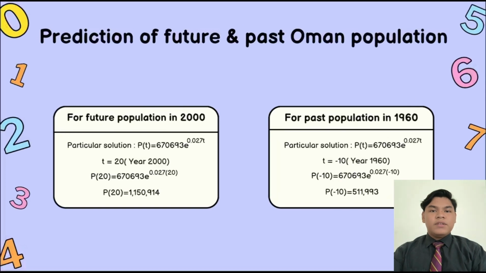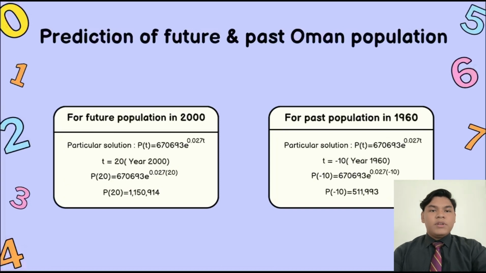For the prediction of the future and past Oman population, we have used the particular solution equation to predict the estimated population in the year 2000 and in the year 1960. For the year 2000, we use 20 as the time interval, we insert t equals 20 into the equation, and we obtain the expected population in 2000 equals 1,150,914.